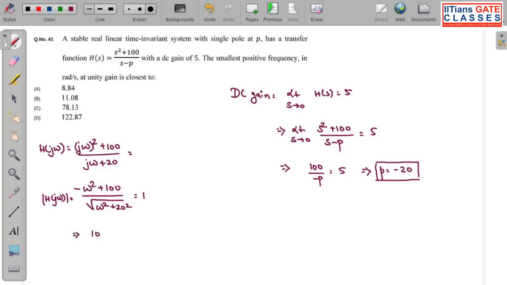So, 100 minus omega square is equal to under root of omega square plus 20 square. Taking square on both sides, it will be (100 minus omega square) whole square is equal to omega square plus 400.